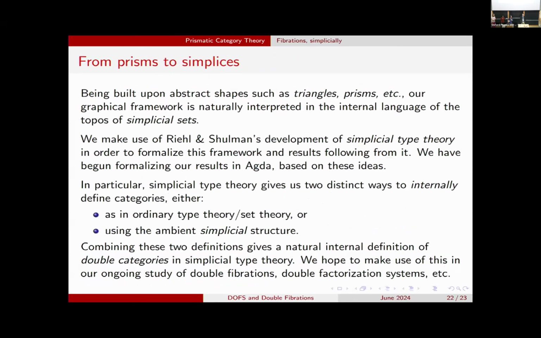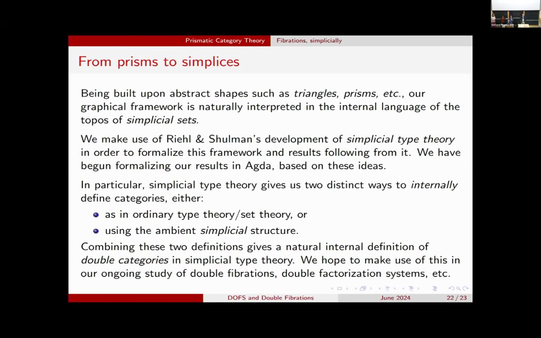Because of that, we can make use of Emily Riehl and Mike Shulman's work on simplicial type theory to formalize all of this. And we've actually started doing this in Agda, extended with some axioms for simplicial type theory.